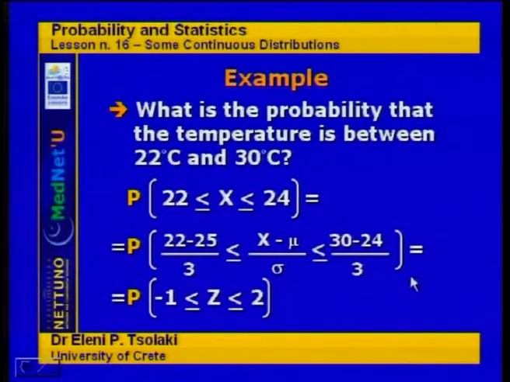So we have translated our problem. We now have to calculate the probability that the random variable z, which follows a standard normal distribution with mean 0 and variance 1, is between -1 and 2.